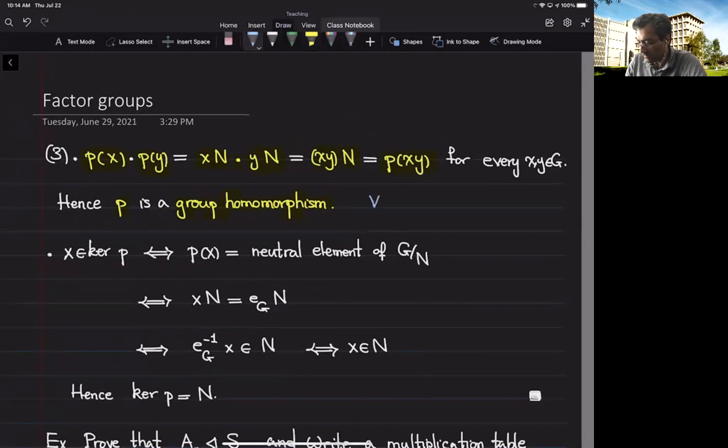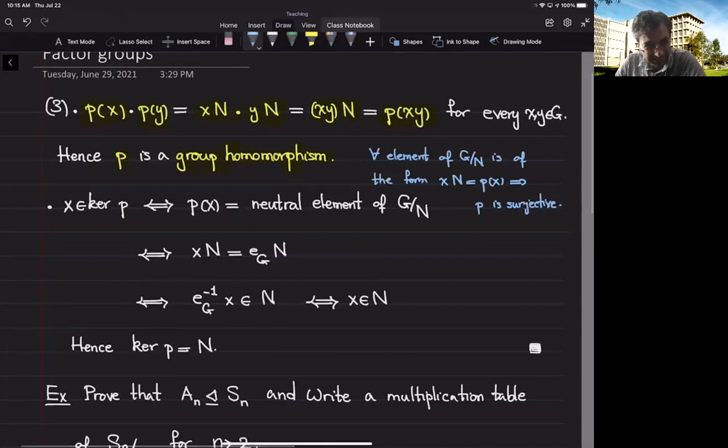For every element of the codomain, it is of the form xN, and that is equal to P of x. That means P is surjective.